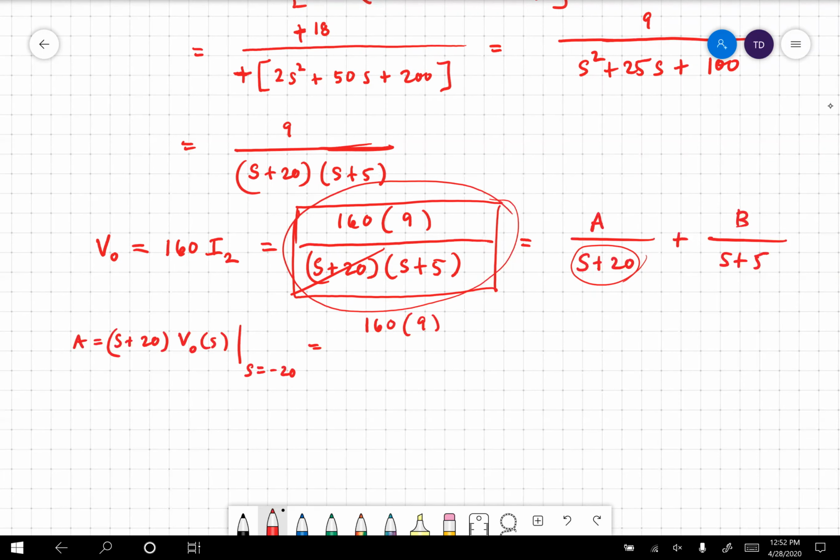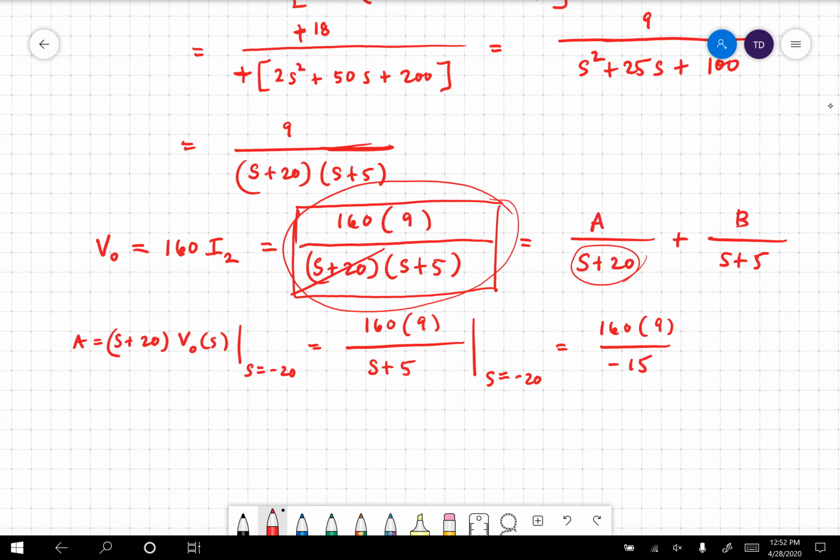160 times 9 over s plus 5. And now I substitute in s is equal to minus 20. This is 160 times 9 divided by minus 15.